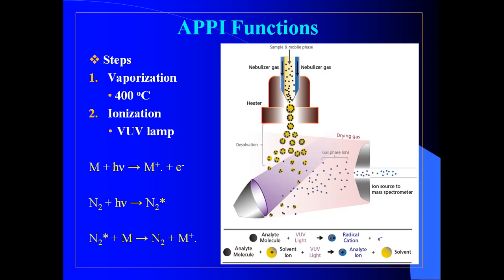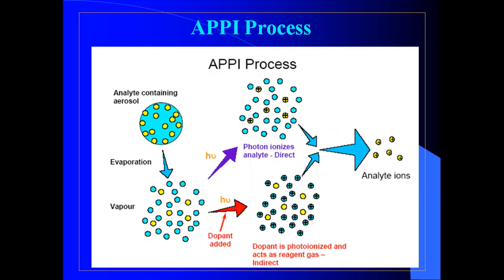The photon energy must be above the ionization energy of the analyte. The ionization energy of a compound depends on its size and structure. Large compounds and compounds with a high degree of conjugation typically have lower ionization energies than small, aliphatic molecules.